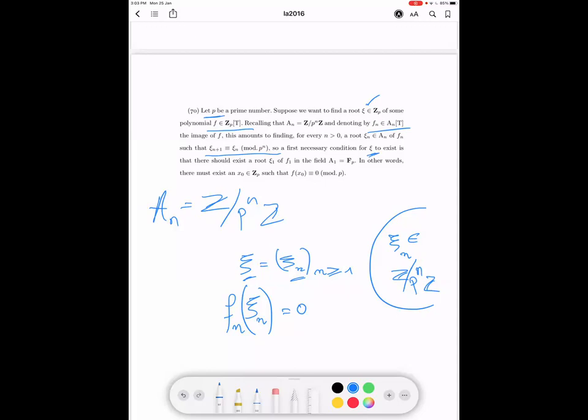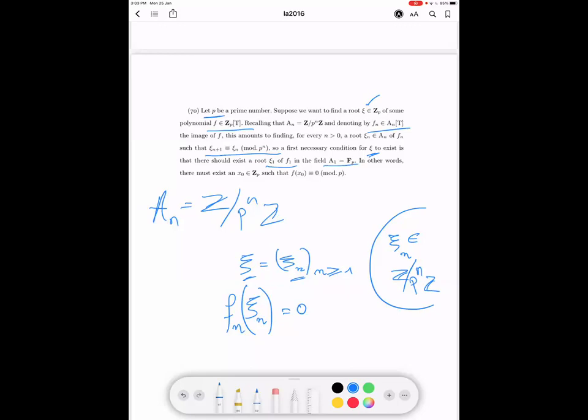f1 should have a root psi 1 in the field Fp. Okay. So for there to be a root x naught, f of x naught should be at least divisible by p.